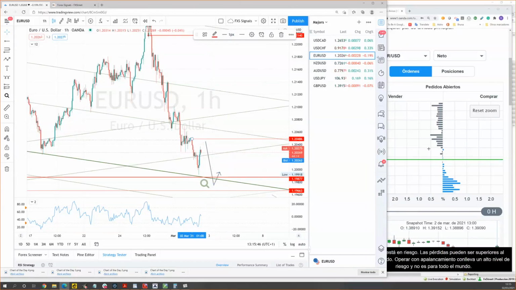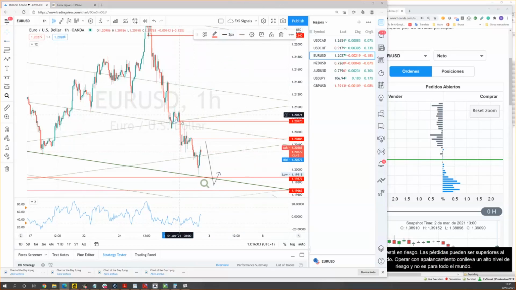Where we see stronger levels: 20, 80, 85, and 90. This range here, I would start here at 77, 78. It corresponds to this whole area where the price broke down.